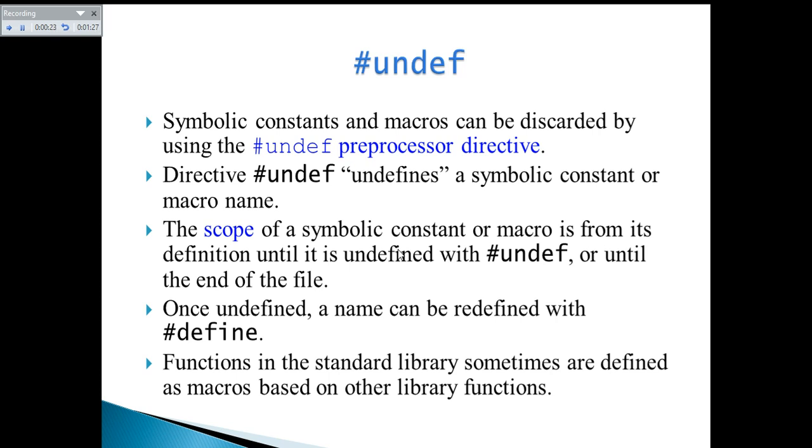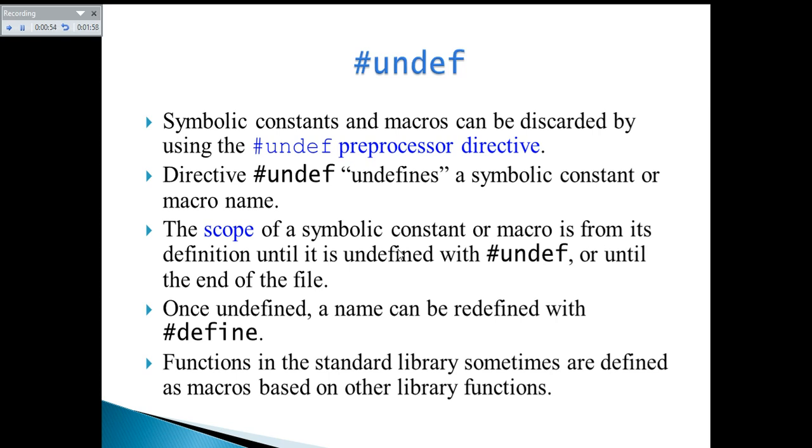They can be made unavailable to the program with the help of the hash undef preprocessor directive. The preprocessor directives can be defined in two forms. One can be symbolic constant, the other can be macros. Both can be discarded by using the hash undef preprocessor directive. So that is the purpose of the hash undef preprocessor directive.